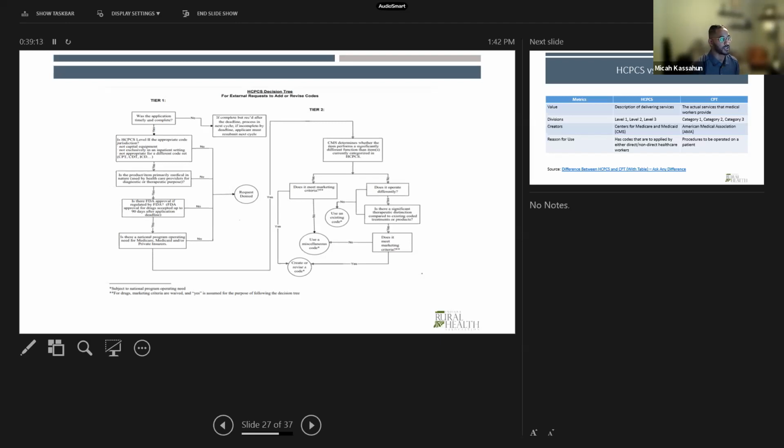But then we look at, is the appropriate code jurisdiction? It's not capital equipment that you're billing for, and it just continues in the classic yes or no method. So this might be really helpful if you want to take a look at this later, to run through this tree for yourself when coding and working with your own staff.